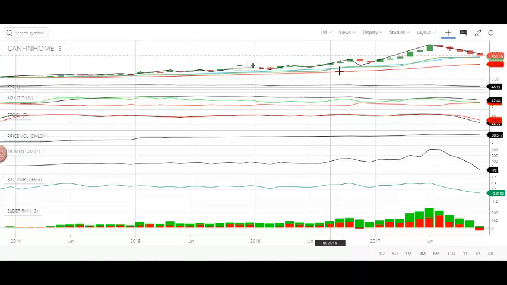Normally, for this kind of stock which is moving up at a high pace, the consolidation phase won't be that long, it has to be very small. But in this scenario, the CANFINHOME consolidation phase has gone to such an extent that it entered the bearish phase.